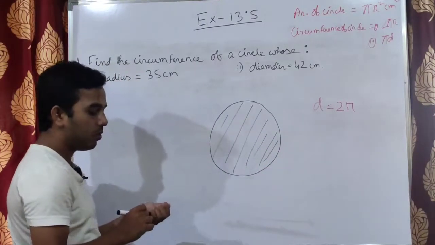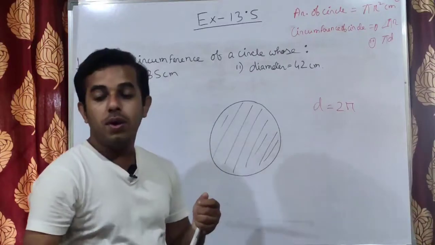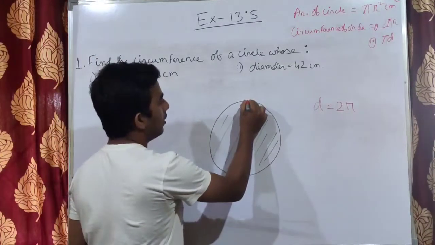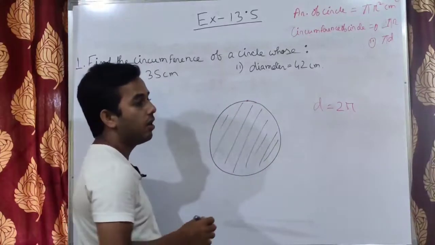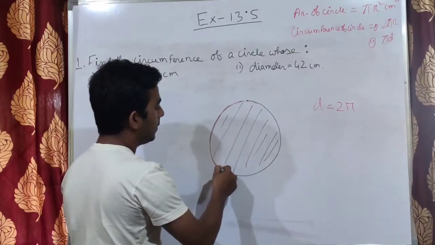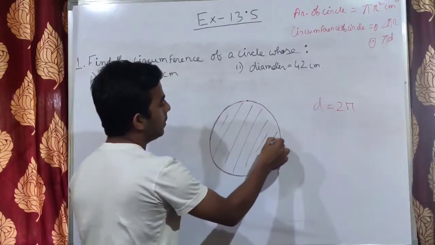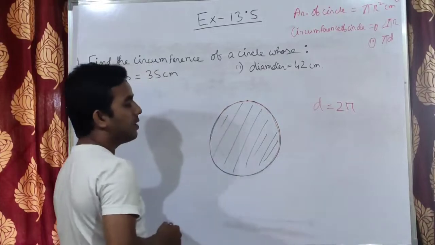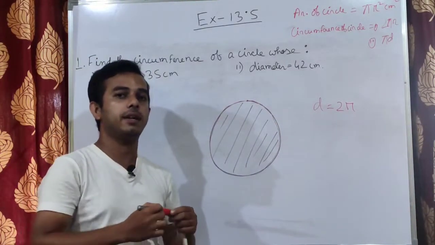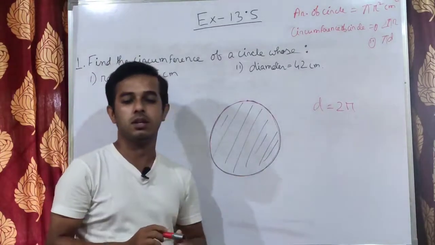Now what is circumference? It is the length of the boundary. Suppose a boy started walking through the boundary of the circle, and he covered the distance. The total distance the boy covered is known as the circumference of that circle.